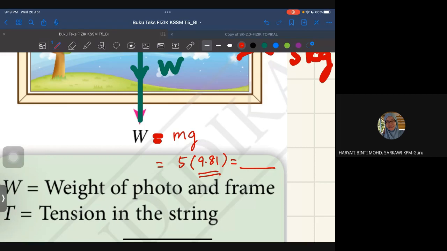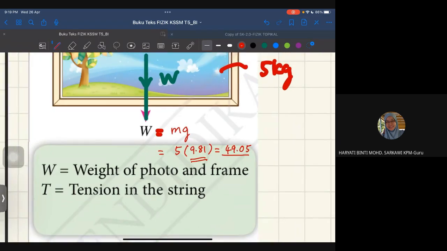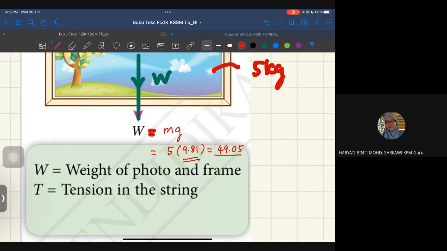All right, so 49.05. When you draw the triangle of forces, you need to choose a scale. Let's say 1 cm equals 10 Newton. So 49.05 Newton equals how many cm? Around 4.9 cm, right?